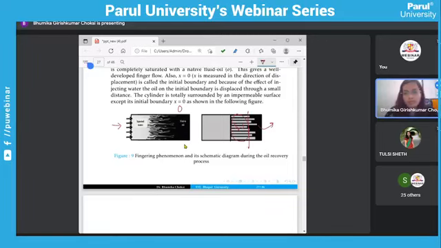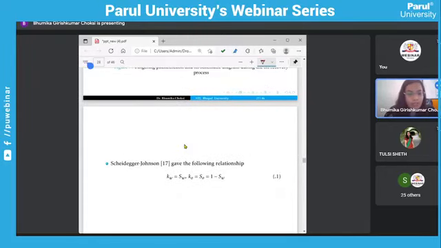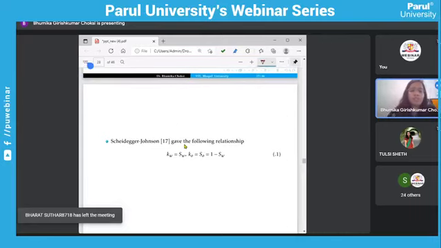modeling our mathematical equation. For that, Scheidegger and Johnson gave this relationship between the permeability and saturation. So the permeability of water and the saturation of water are the same.